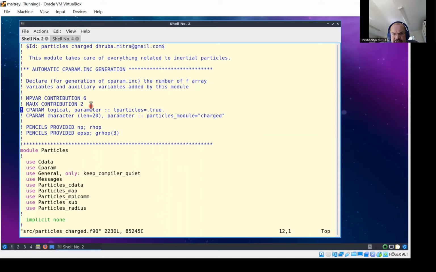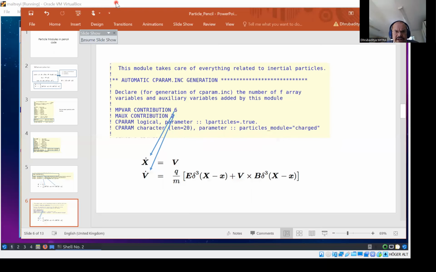So don't worry about the M auxiliary contribution, just worry about MP var equal to 6. So this MP var equal to 6 means that you have 3 positions and 3 velocities. Okay. So if you were using tracer particles, then it would be MP var equal to 3. Up to this point, everything is clear, right?